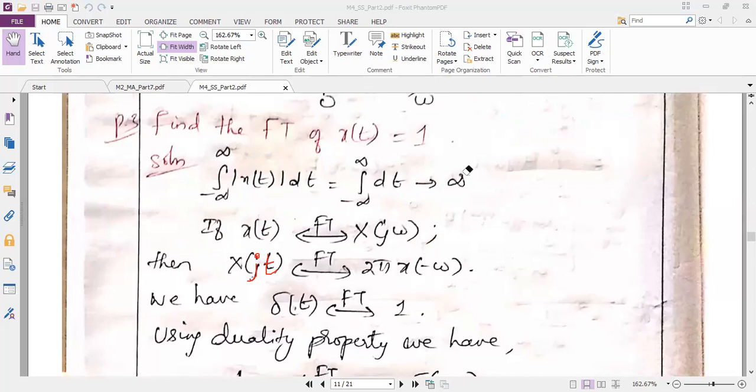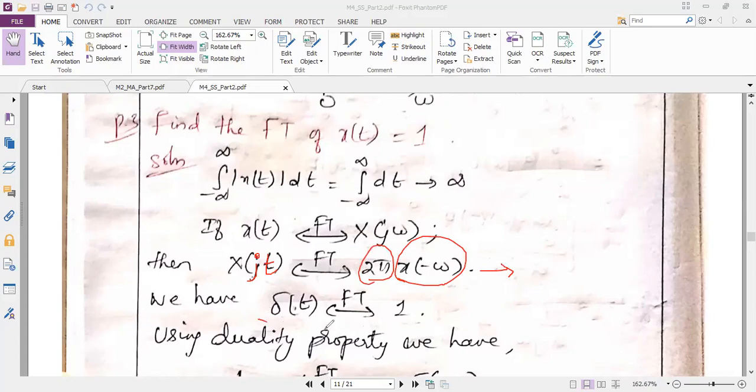So it is 2 pi. You know, our answer is having a 2 pi delta of omega. So in order to get it in that fashion, I should use the appropriate formula. So my appropriate formula is 2 pi x of minus omega. So this is one of the formulas we are going to use.